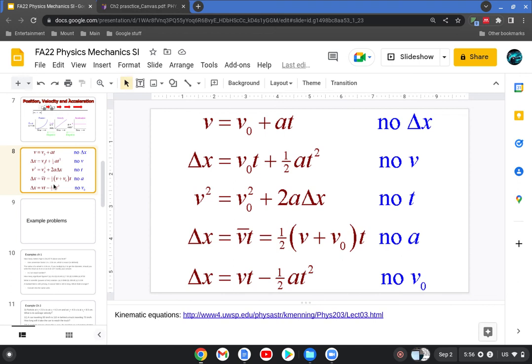This is going to become 90 meters, right? Because these two cancel out. This one stays 0 meters. And then this one is going to become 1 over 2, 3.6, 5 squared.